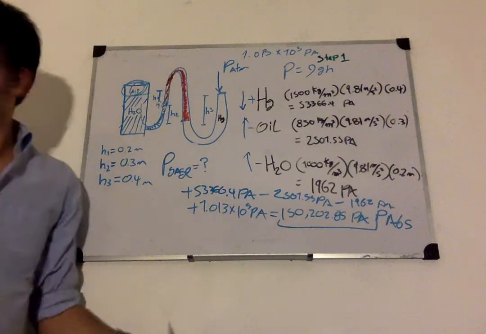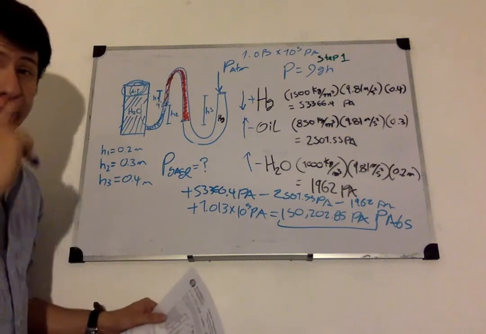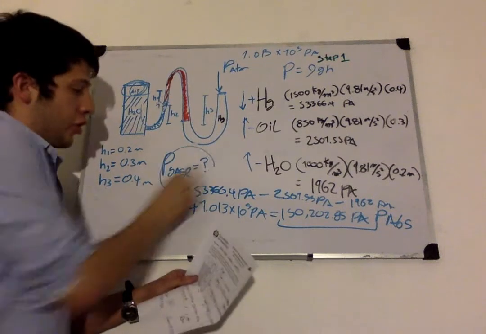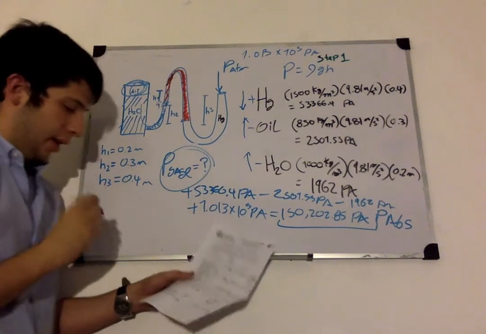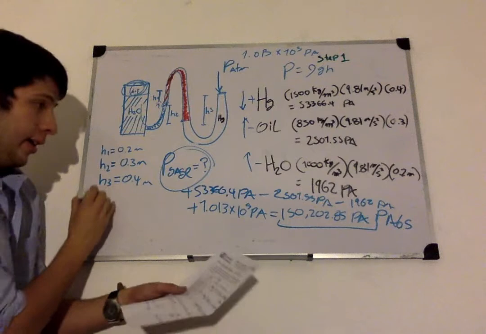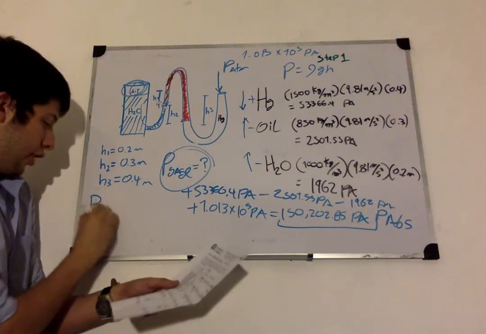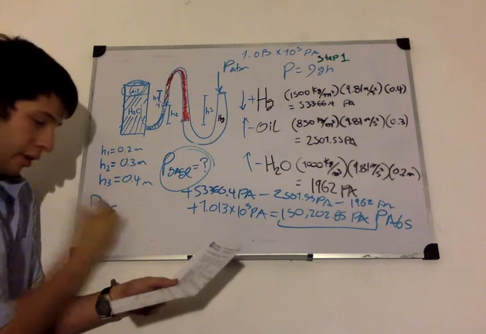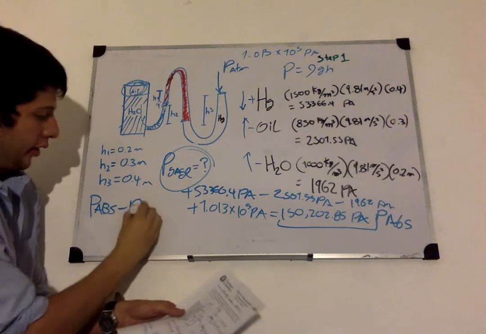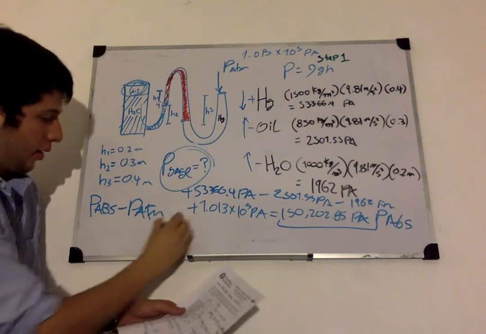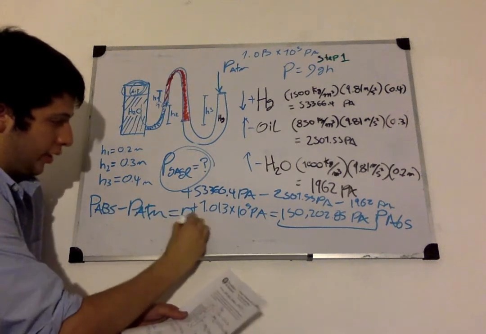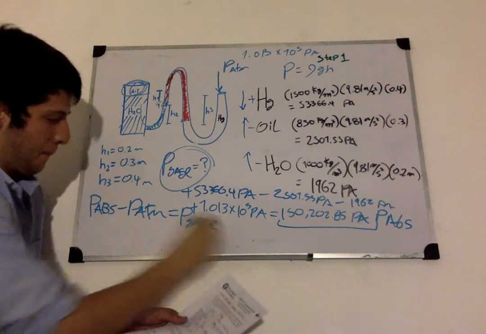Now, they are asking us for the gauge pressure. So what we need to do is subtract the atmospheric pressure from the absolute pressure. This is equal to the gauge pressure.